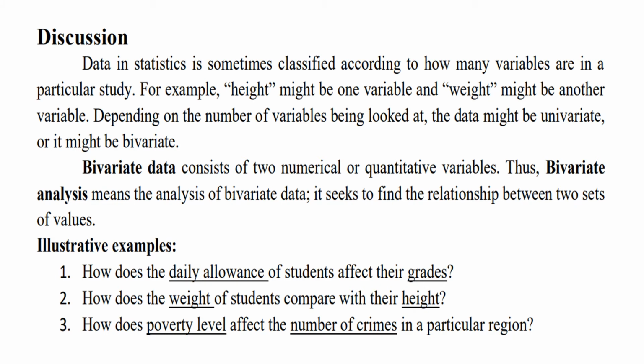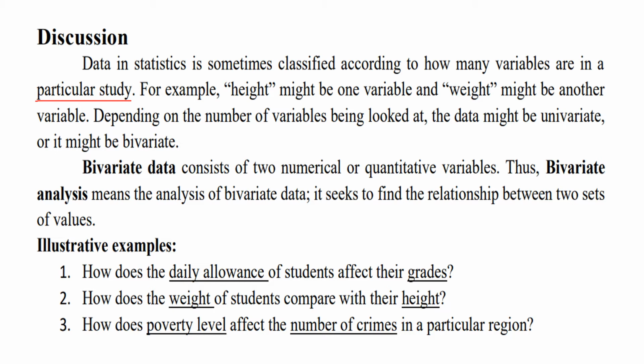From our discussion proper, the data in statistics is sometimes classified according to how many variables are in a particular study. It can be one variable, two variables, or more. It depends on the given research that we're going to deal with.